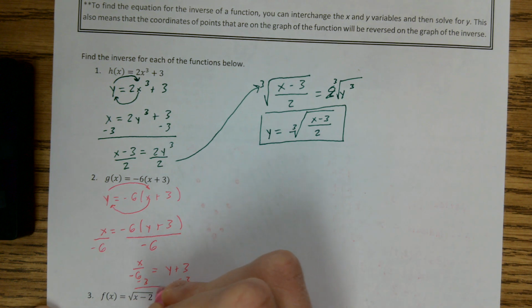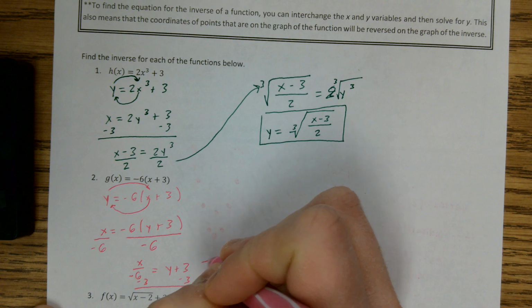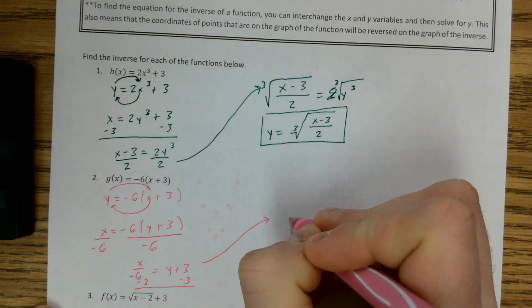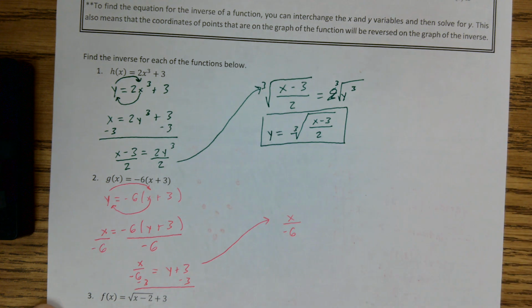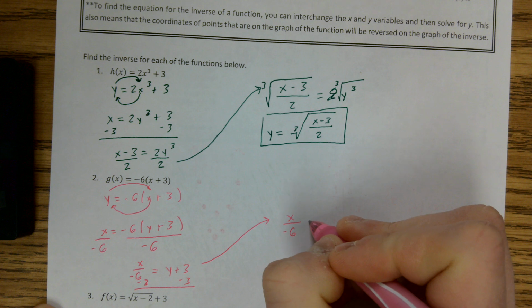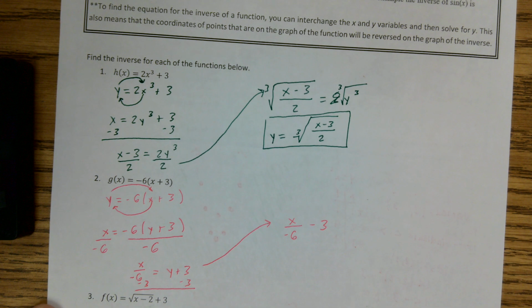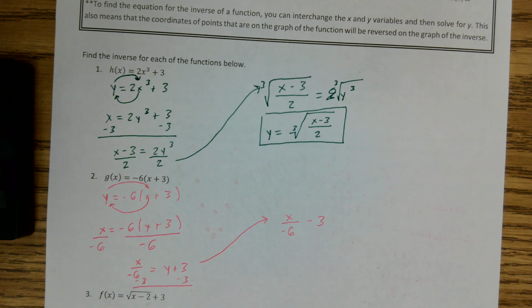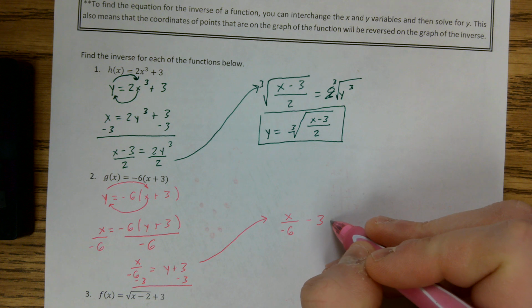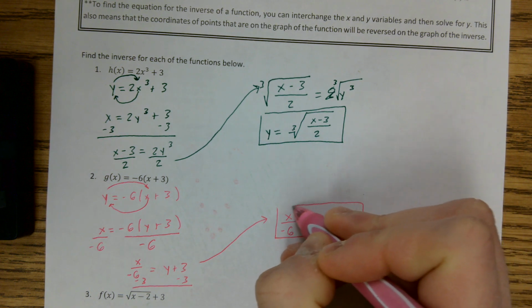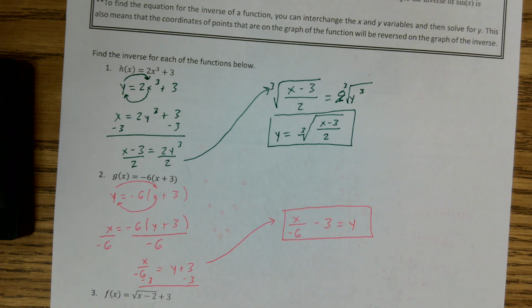So when we subtract that 3, all right, what that leaves us with is x over that negative 6, and then in this case, that minus 3. That minus 3 will not be in our fraction because that is not part of it. Again, it's got to be on the outside, otherwise it changes the entire inverse value or the composition of that function. So that is my inverse for that one.